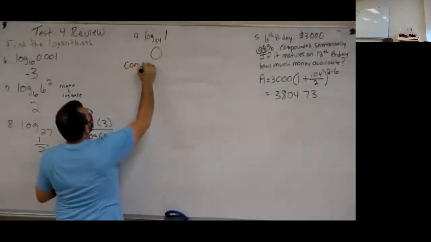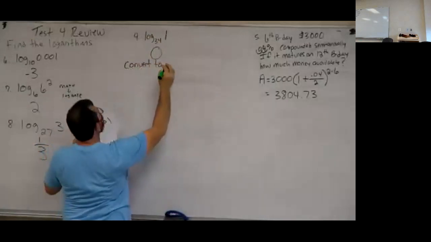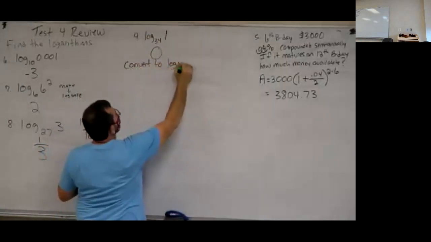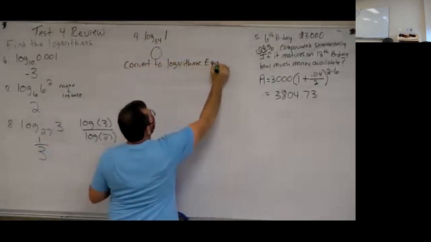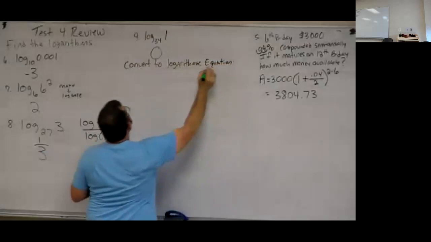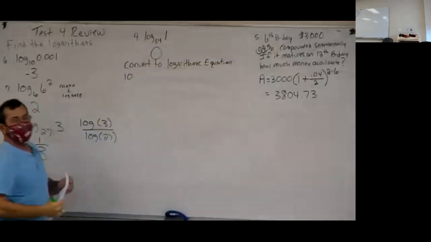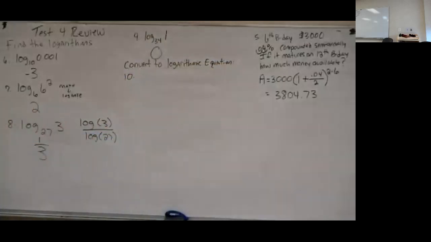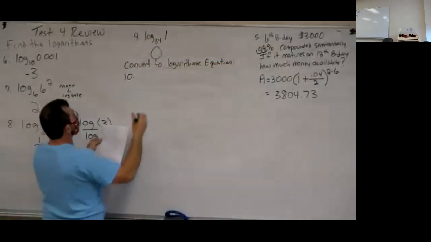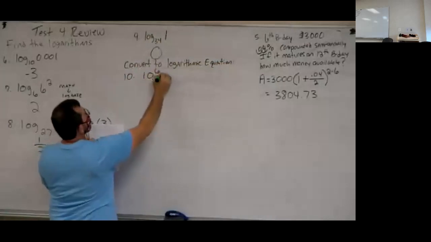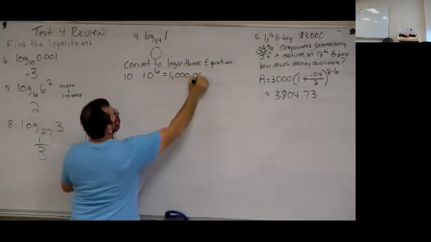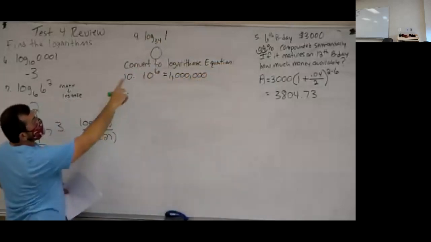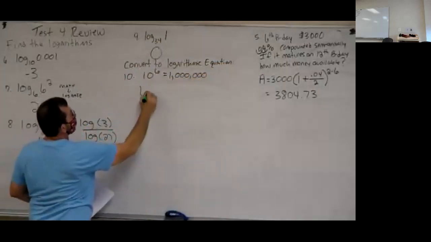All right, next we start converting to logarithmic equations. So this will be 10. So we got 2 converting to logarithmic, and then I think I got 2 converting them to exponential. So 10 to the 6 equals 1 million. So they want me to rewrite this using a log.